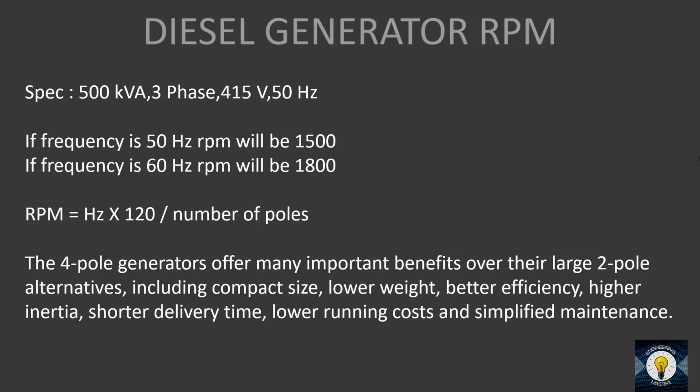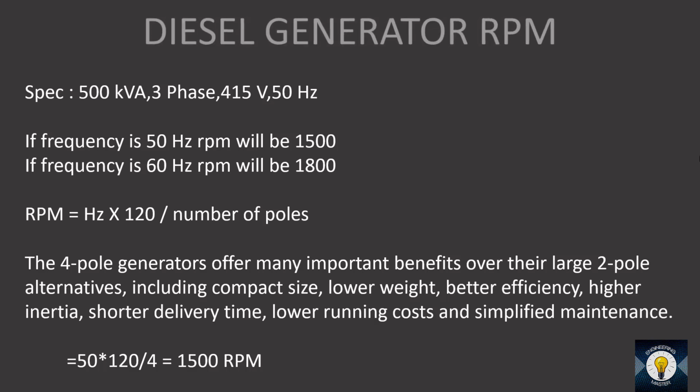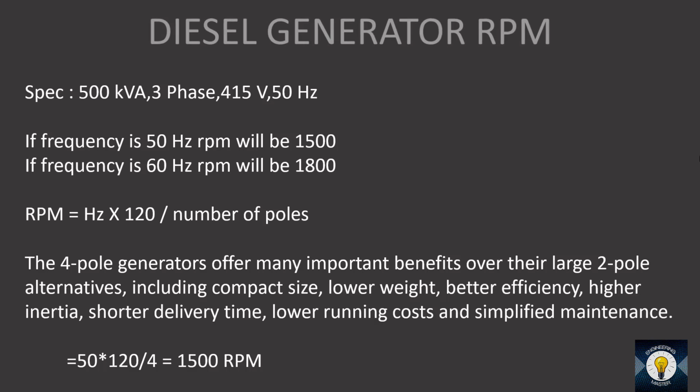They have more benefits than 2-pole generators, including compact size, lower weight, better efficiency, higher inertia, shorter delivery time, lower running cost and simplified maintenance. As the number of poles we will consider 4. In that scenario, the equation will be RPM equals 50 into 120 divided by 4. The answer will be 1500 RPM. So our RPM with 50 Hz is 1500.